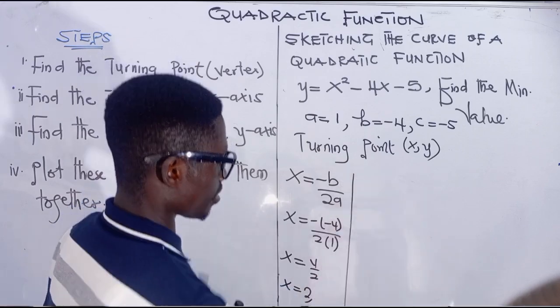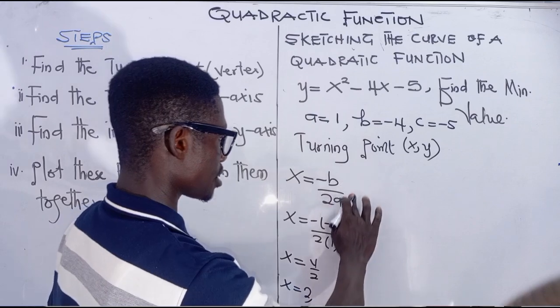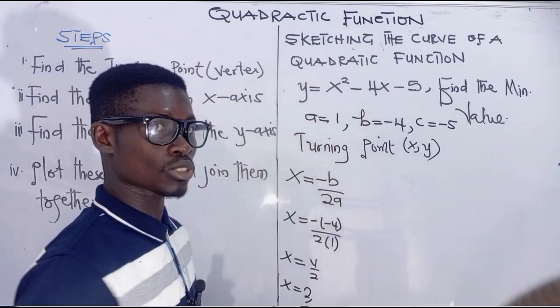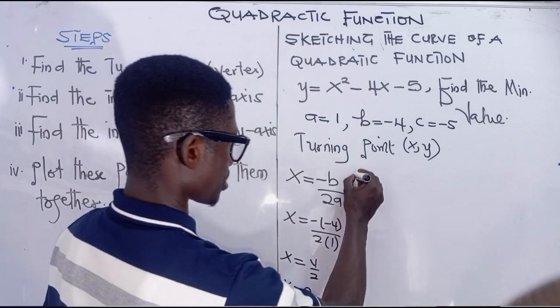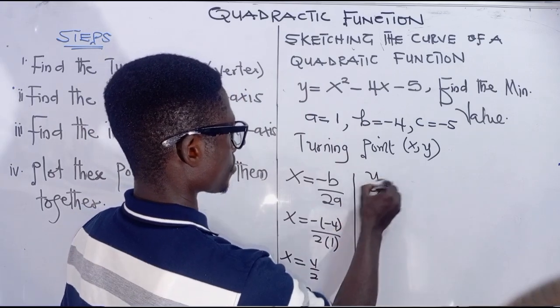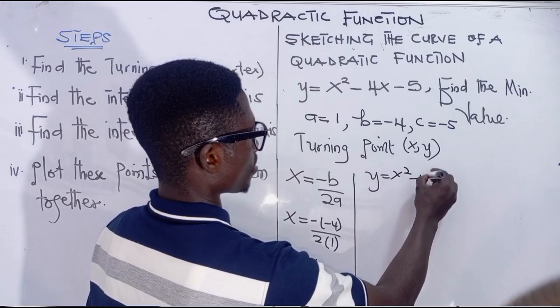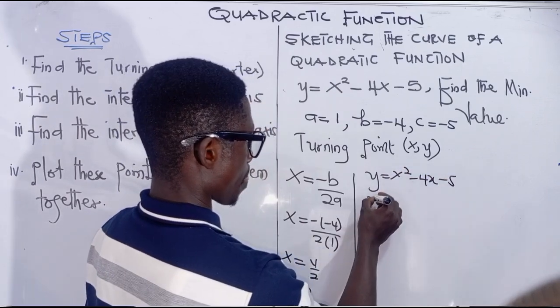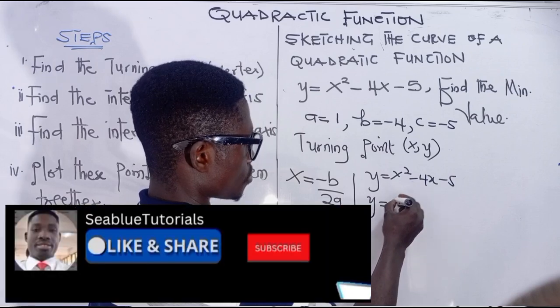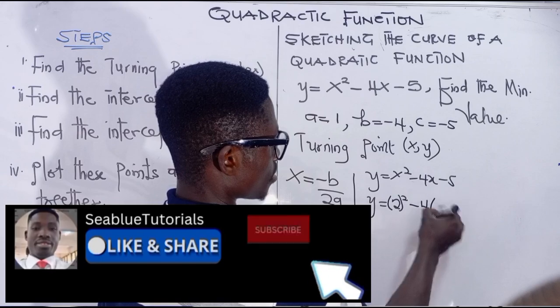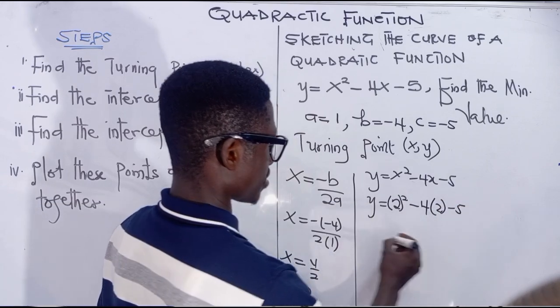Now, the moment we find our x coordinate, we are going to substitute the x coordinate into the quadratic function to find its corresponding y coordinate. So we have x squared minus 4x minus 5. Our x is equal to 2, so we have 2 squared minus 4 times 2 minus 5.